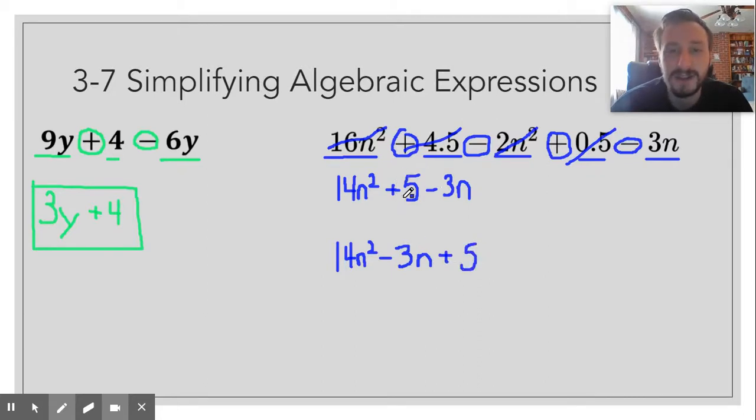All we did is we took this and just switched them. So either answer is fine, but technically this one's the more mathematically correct, right? Because it's written in the correct order. You always want to have your variables come first and then your constants last. But either answer is fine.